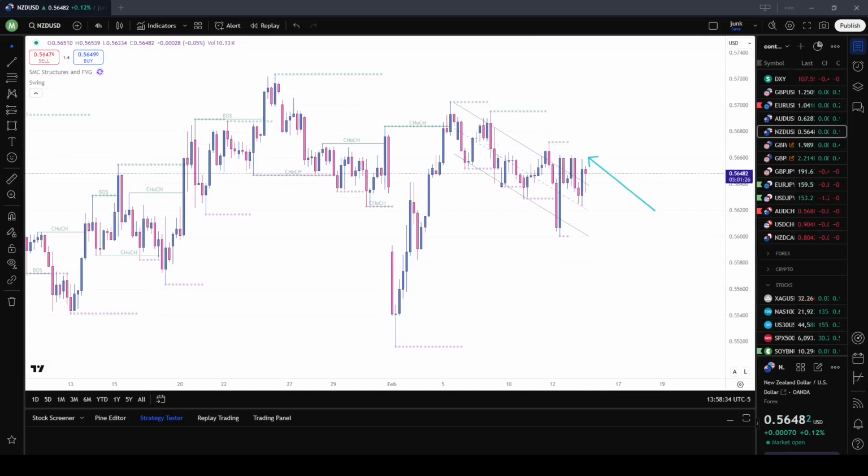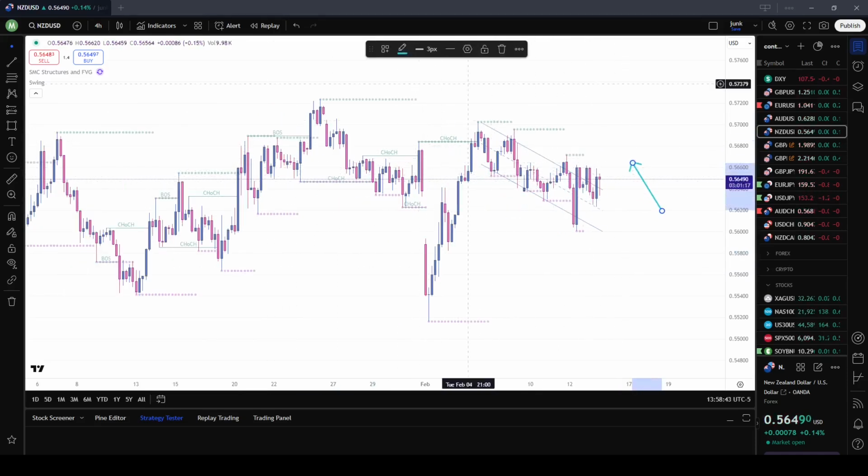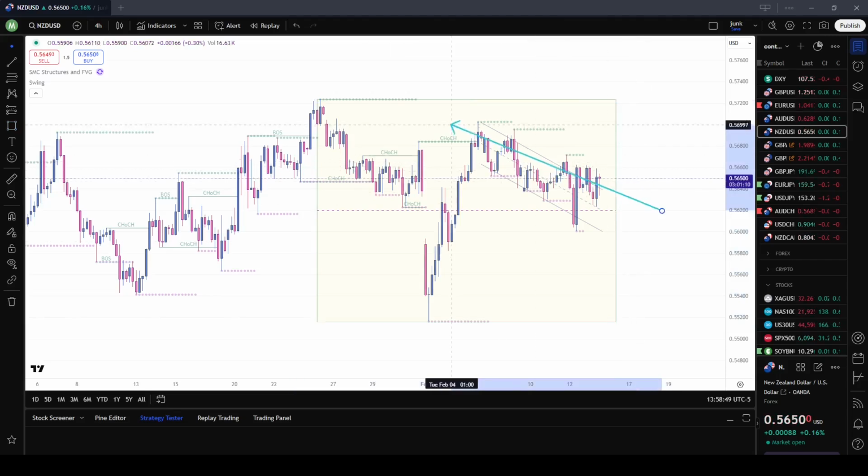NZD USD. I kept the bull flag on this pattern, but they're making higher highs, higher lows, similar to AUD USD. Let's go ahead and map out the range. Like I said, I kept the bull flag pattern, the downward channel, on the chart to see if there's any breakout.